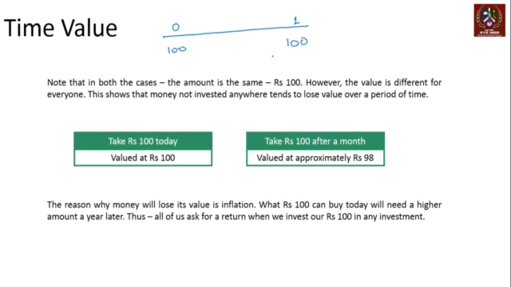There's no difference between the price or the amount you're getting, but the value is different. The value is not the same. The 100 today will be valued at exactly 100, but 100 after a month will be valued approximately at 98, right? And that is why it is important for us to actually understand this concept of time value.